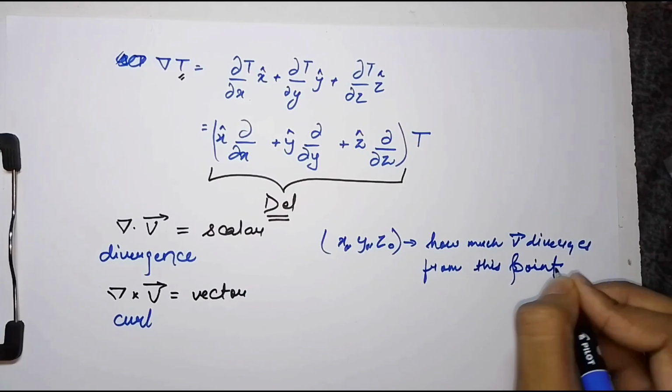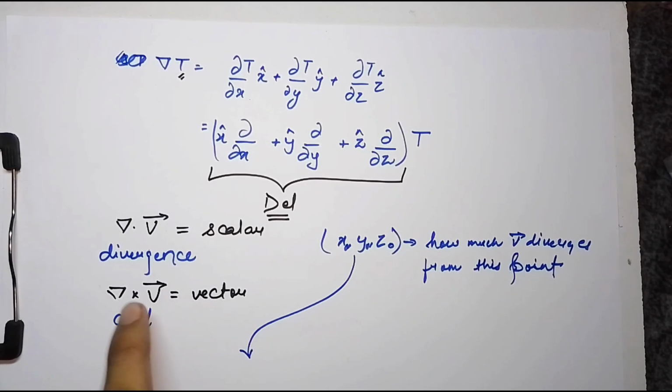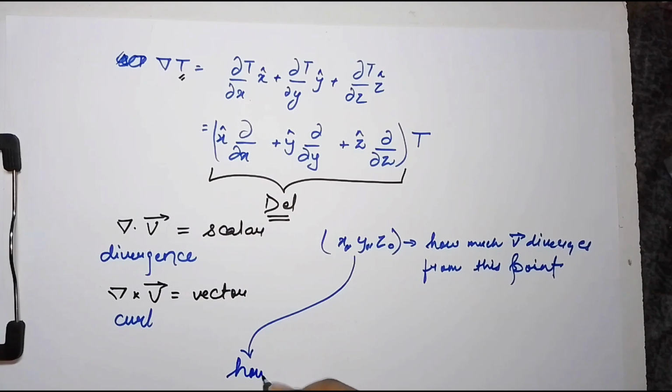You will ask me what the meaning of curl is. The meaning of curl is how much the vector v swirls around the point in question. So let this again be the point. If we take the del operator along with a cross product, what do we get?